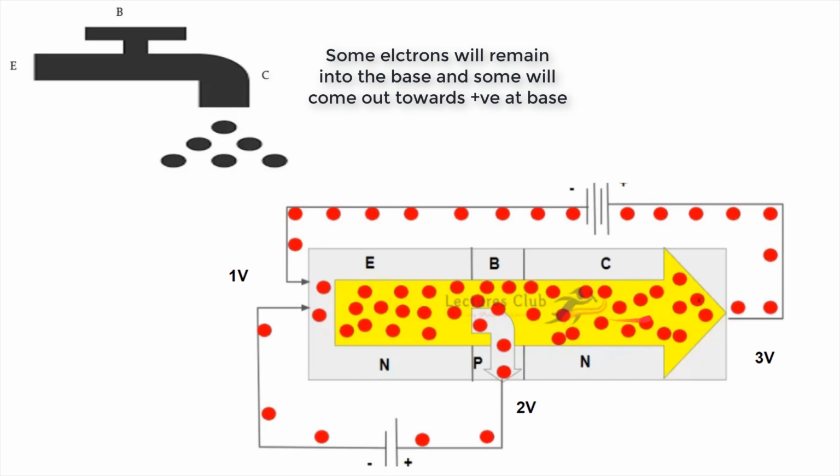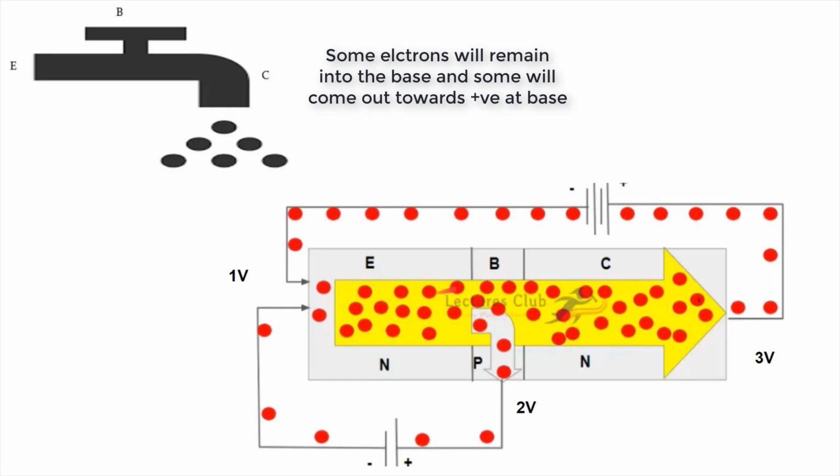But the size of the collector is also huge because it already has its own free electrons, and free electrons are also coming from the emitter. So the size of the collector is huge as compared to the emitter, and the base is very thin and very small as compared to the emitter and collector.